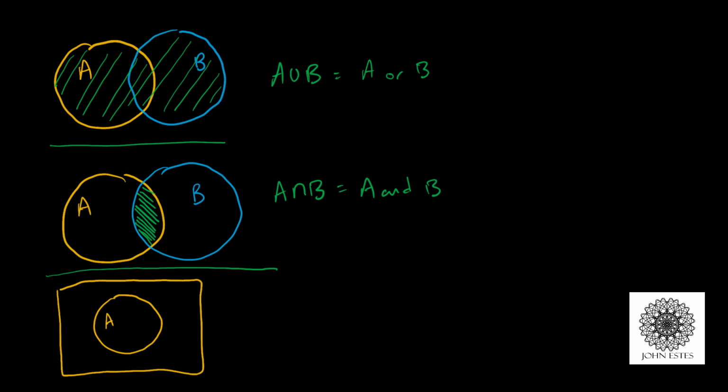So for this first one, if I said let's let A be the set of mammals, and let's let B be the set of North American wildlife, then A union B can include anything that's either a mammal or North American. So over here I could have a giraffe, which is not in North America.